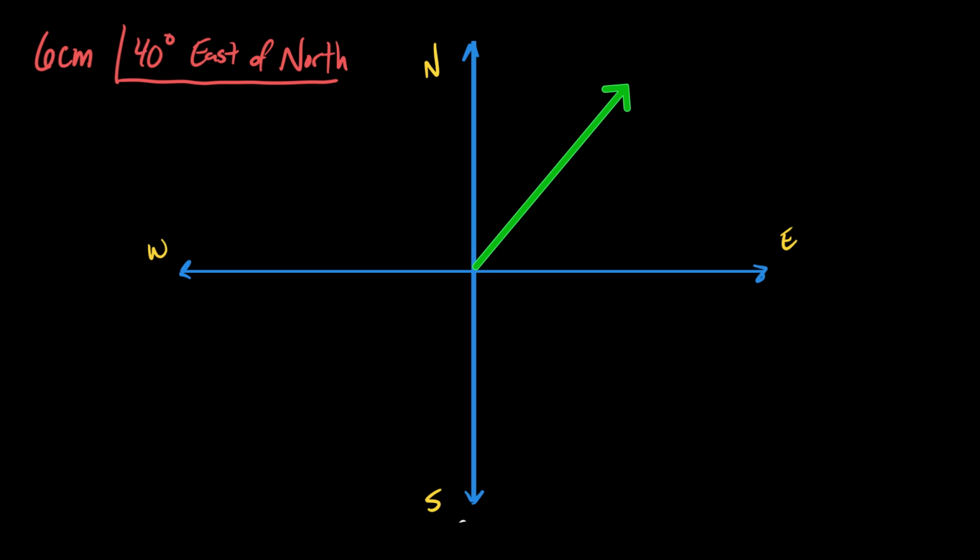So you need to measure an angle that is 40 degrees to the east from the north, and then draw a 6 centimeter line to represent that vector. If you don't know how to use your protractor, please ask.